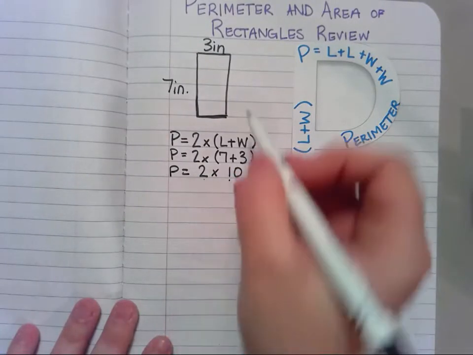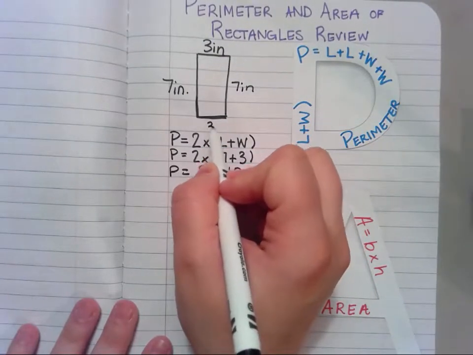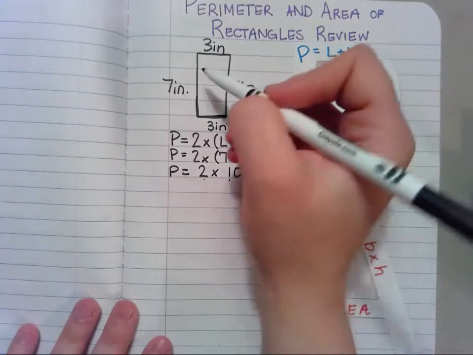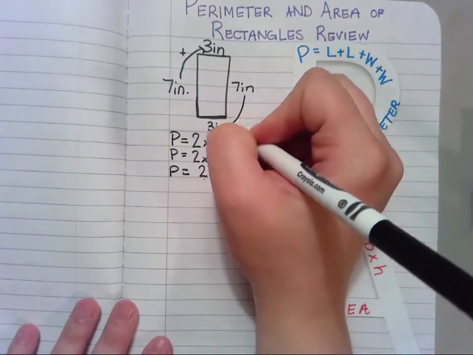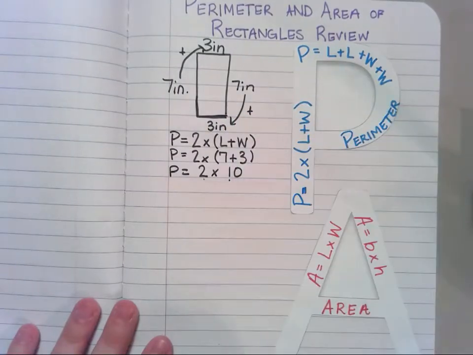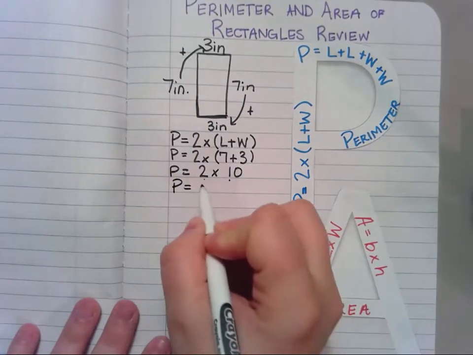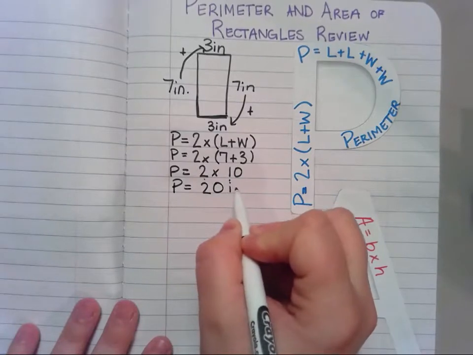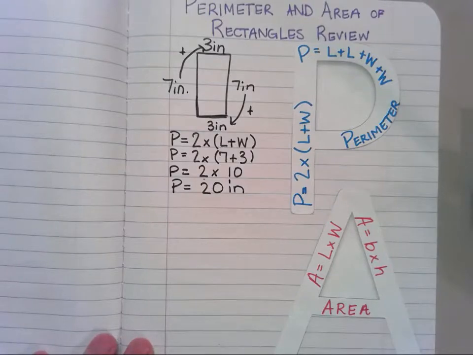This 2 comes from the other side of 7 inches plus the other side of 3 inches. So 7 plus 3, 2 times 10 equals 20 inches. My perimeter of this shape is 20 inches.